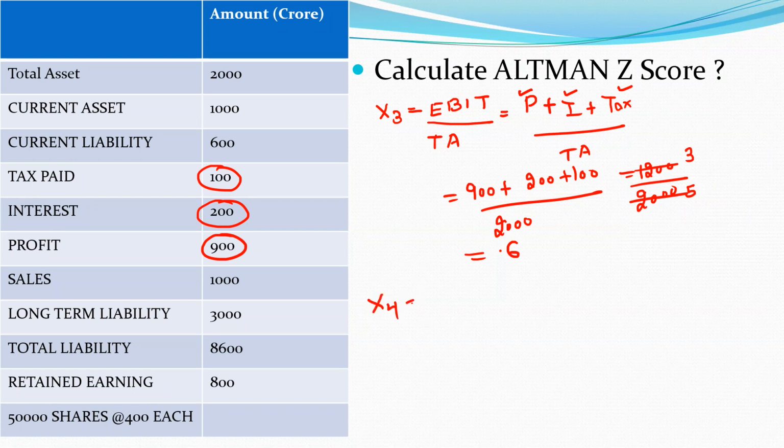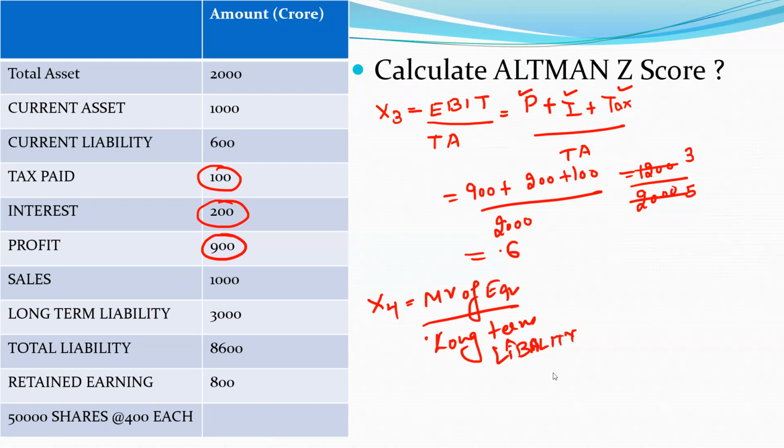Now next one is x4. X4 is market value of equity upon long-term liability, as we have already discussed in the previous case study.